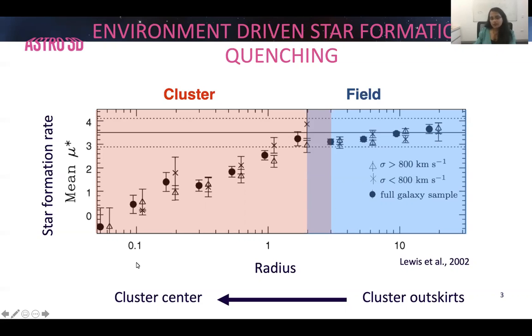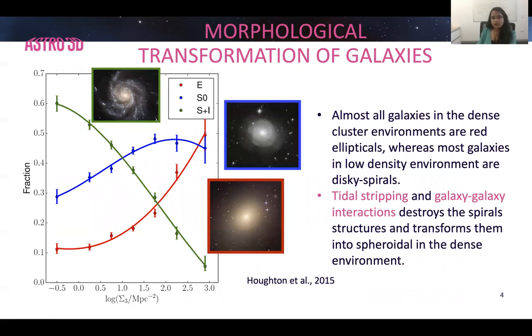The environment not just affects the star formation, it also affects how galaxies look. For example, in cluster environments, especially in the centers of the clusters, almost all galaxies look like these red spheroidal elliptical types.